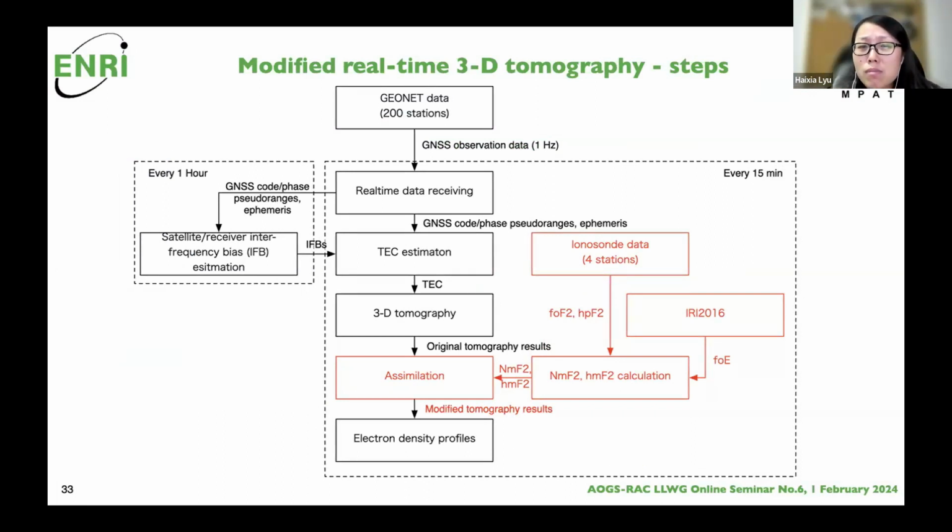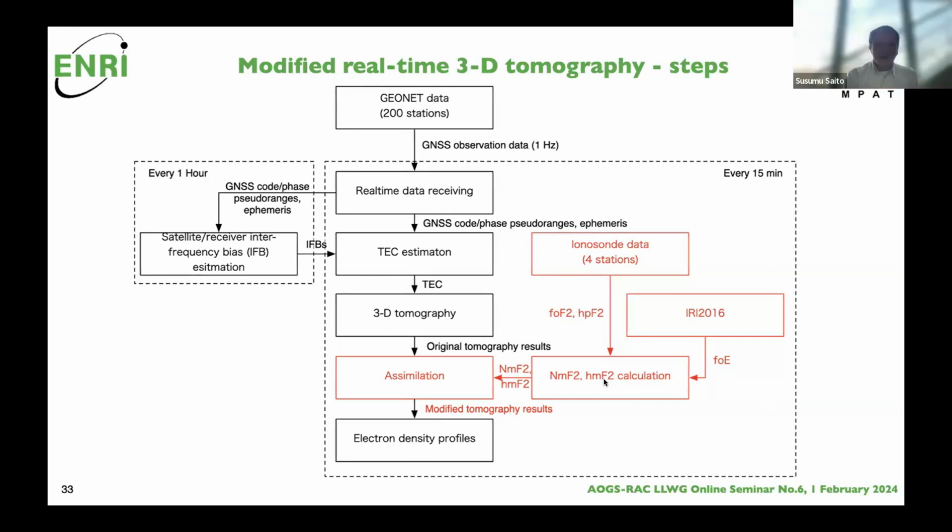This is monthly average values, should we trust that? Now, this IRI is just to get the foE value. I need it to describe the equation to estimate the hmF2 from the ionosonde value.